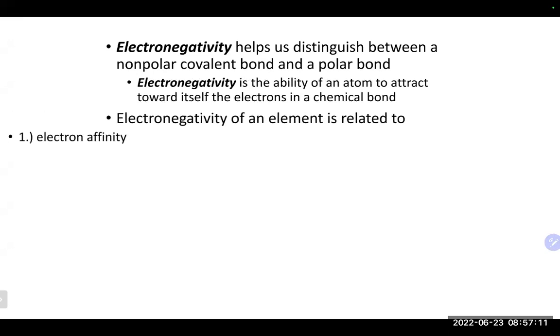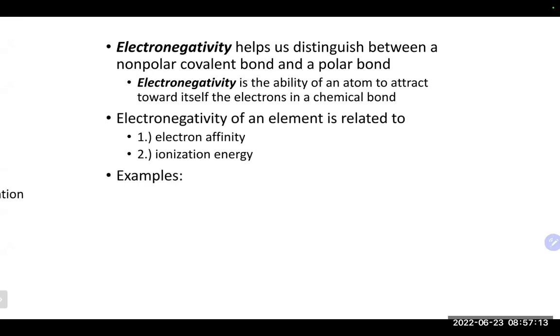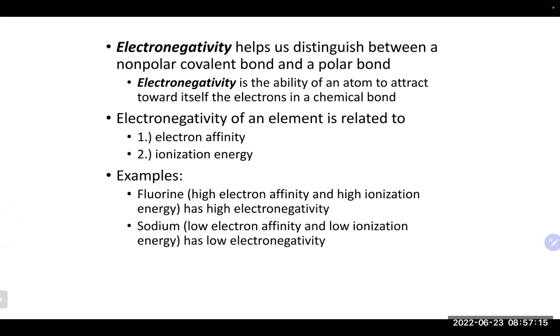So as I mentioned before, what really helps us determine whether those electrons are going to be shared equally or unequally is electronegativity. And electronegativity of an element is related to electron affinity, that energy change when it gains an electron, and ionization energy, which is the energy required to remove an electron.